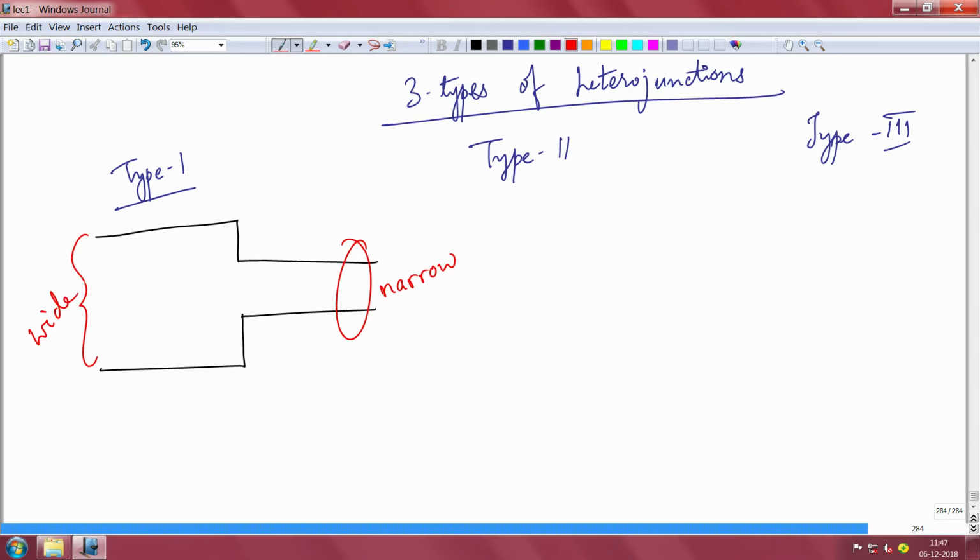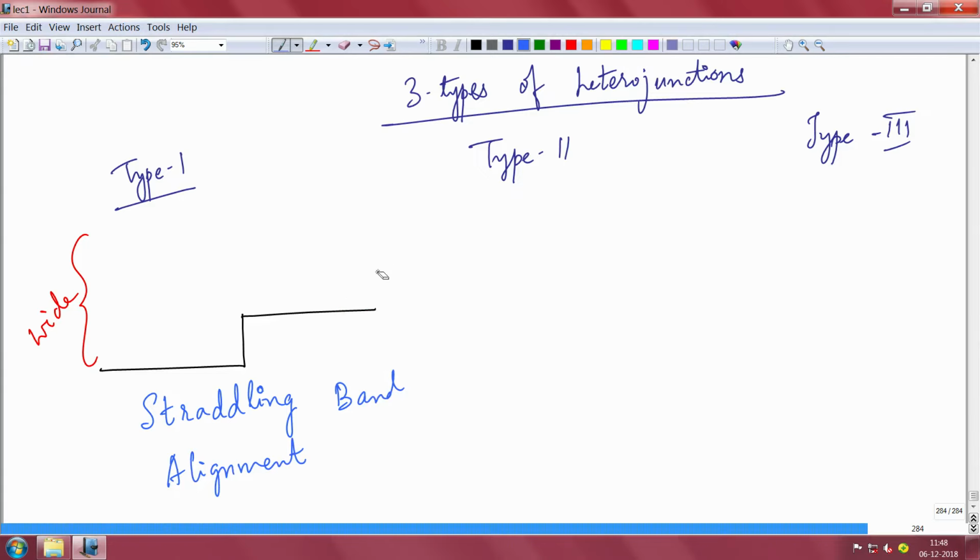So this kind of alignment is there, and this is called type 1 alignment, or it's also called straddling band alignment. Okay, this is called type 1.